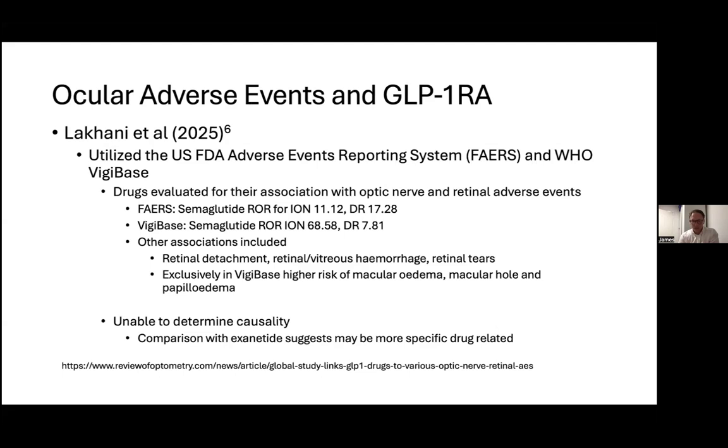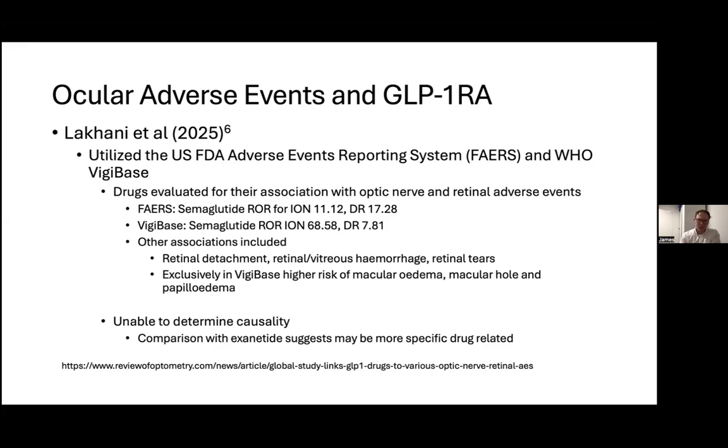So finally, this has been followed up most recently by this study by Lakhani and colleagues that has just recently been published by AJO. They've utilized a relatively large database, including the US FDA Adverse Events Reporting System and the WHO VigiBase system, both of which are designed to allow clinicians to report adverse events associated with medications.